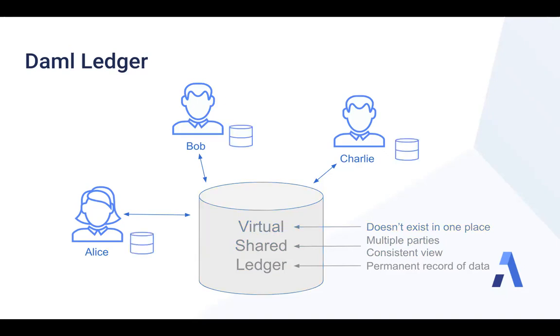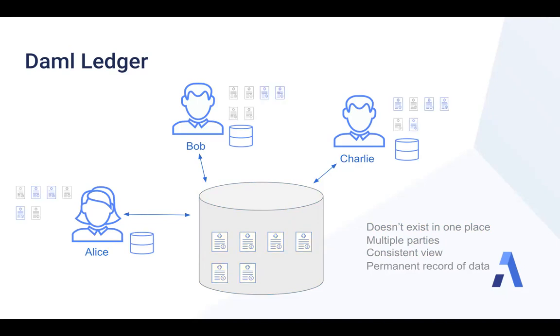While Alice, Bob, and Charlie feel as if they're talking to a single ledger, the infrastructure may actually be distributed. So the important takeaway is that for the developer and for the user operating the application, it feels as if they have a single ledger, but actually the data may be distributed using a blockchain or another distributed ledger technology.